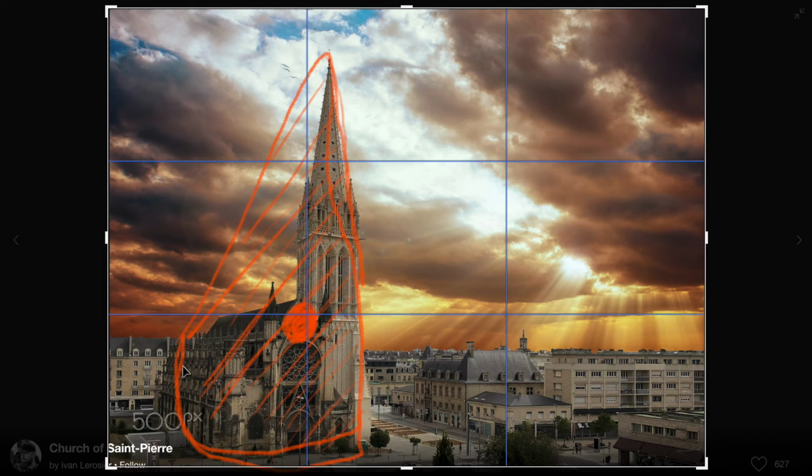The reason is that this area here, the whole church, is going to be too close to the sides of the frame, and it would feel not good. But in this way, I think the church pops, it draws our attention very well, and I think it's working right here.